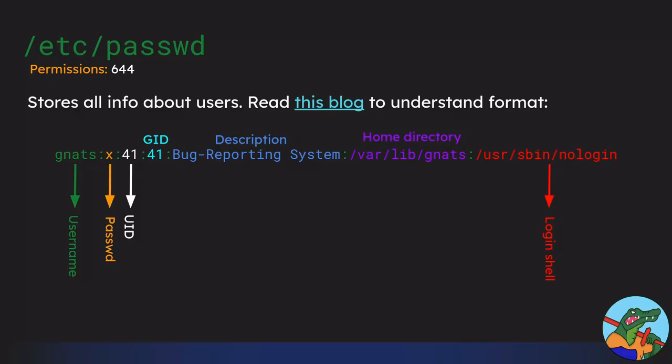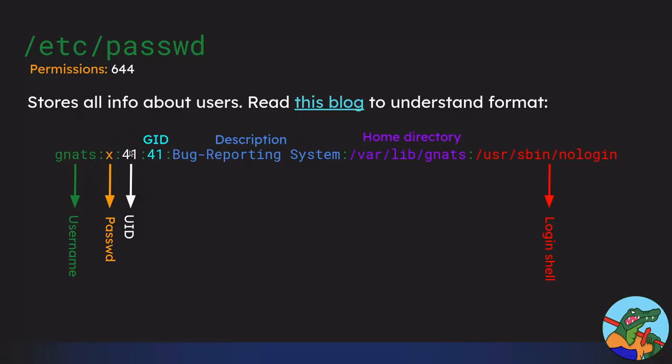So instead, all of the passwords got exported to this other file called /etc/shadow, which we'll explain another day. And instead, /etc/passwd has this x here, which basically just signifies to the system, hey, this user has a password, it's in /etc/shadow, so go look there. So that is the password field here.